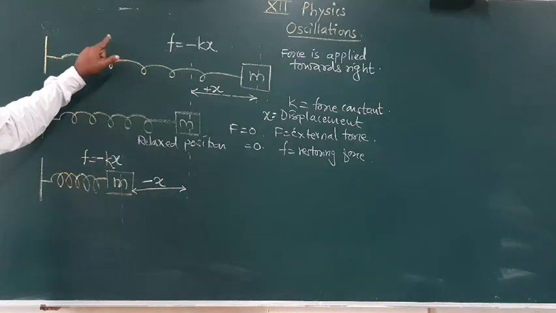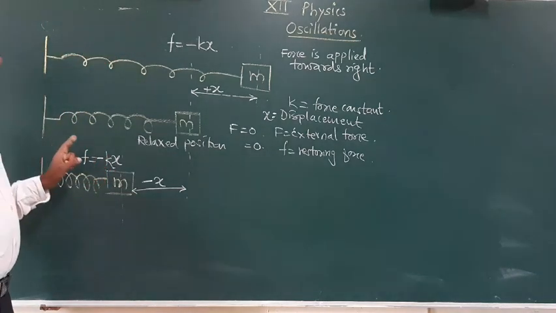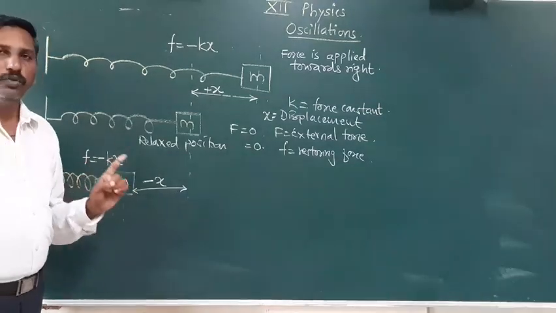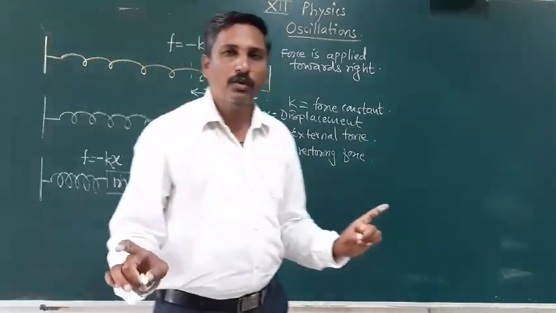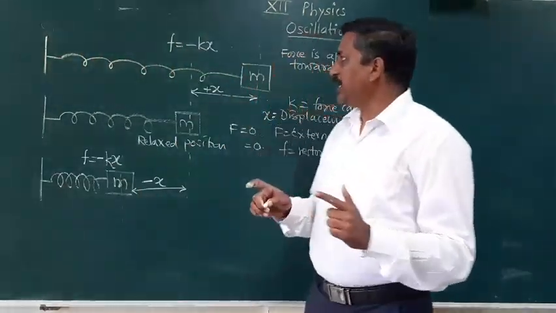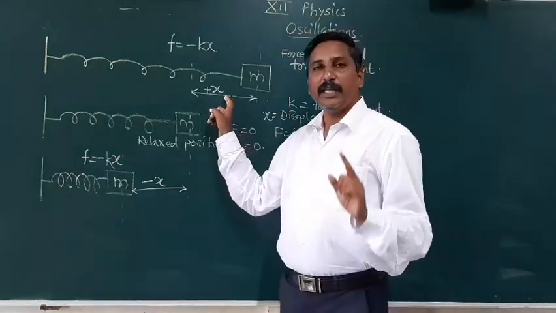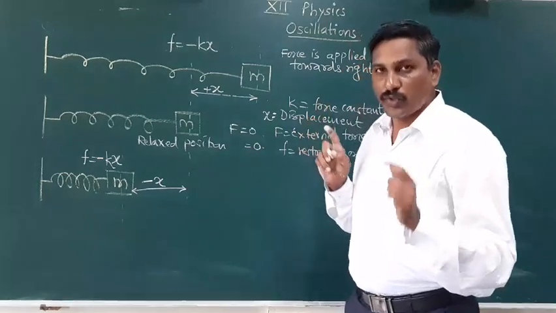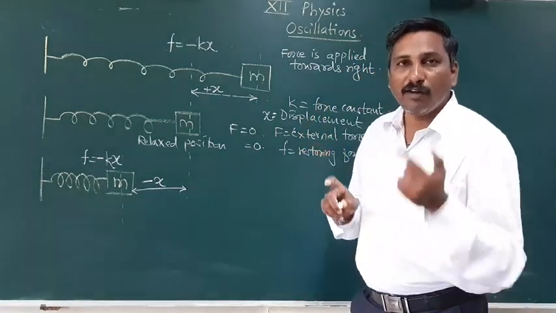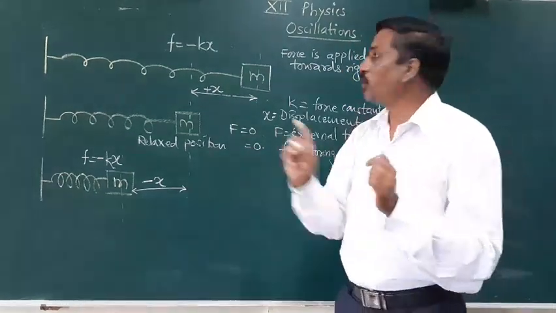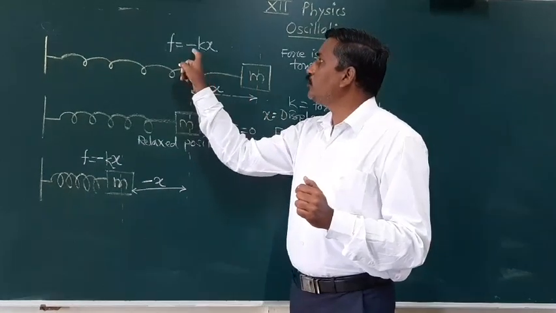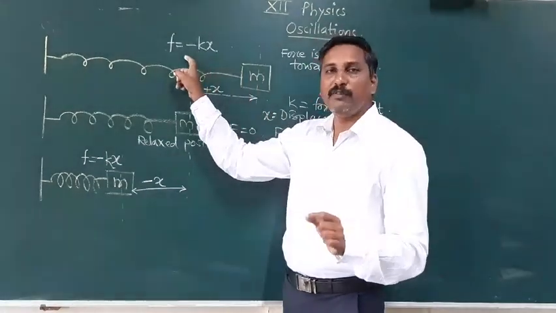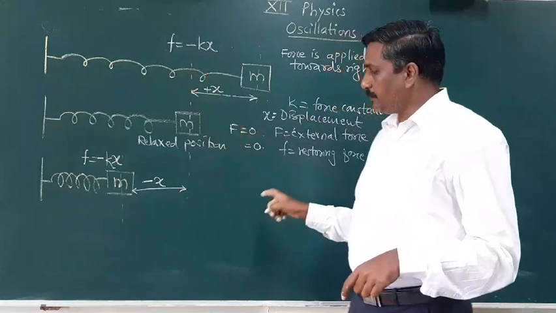During the relaxed position, there is no external force, no internal restoring force, and no displacement. When stretching the spring, displacement is positive in the direction of external force, opposite to the direction of restoring force. So F equals minus Kx. This small f is the restoring force.